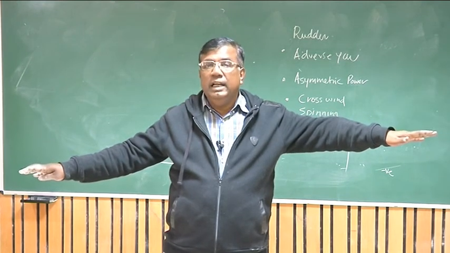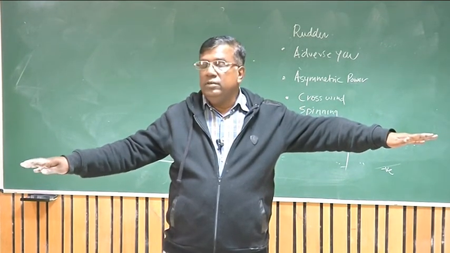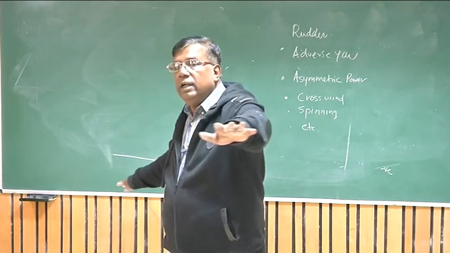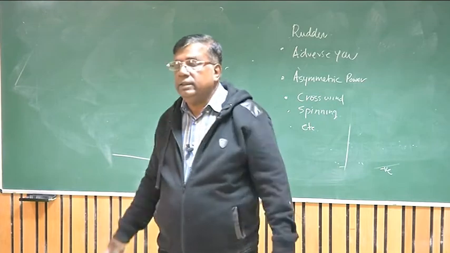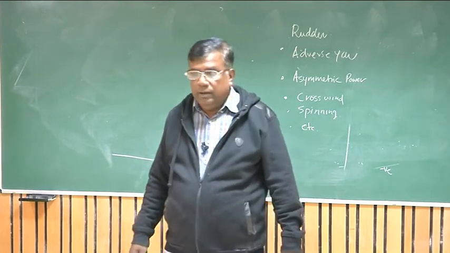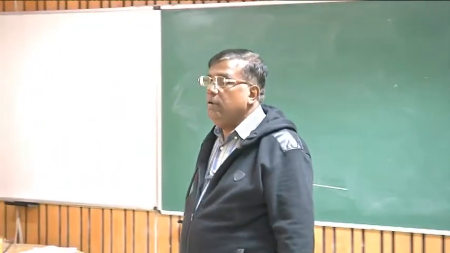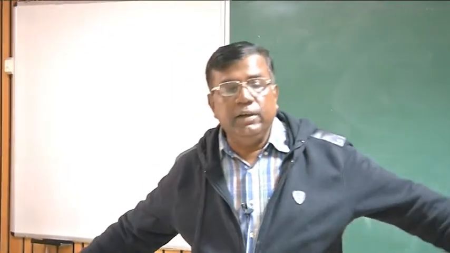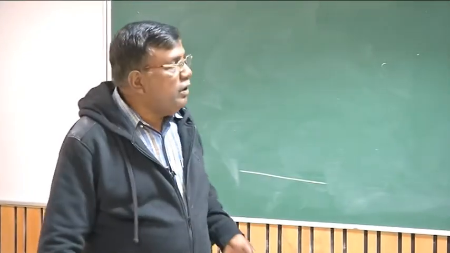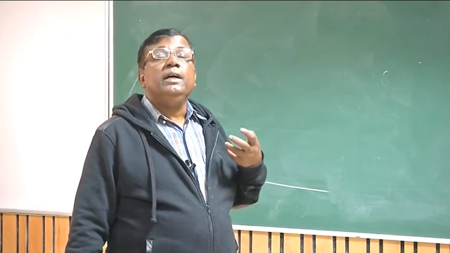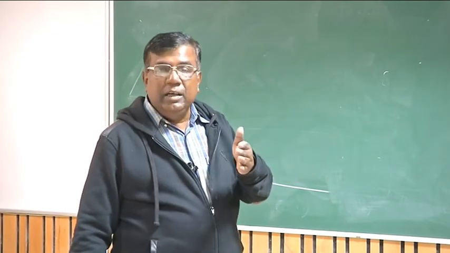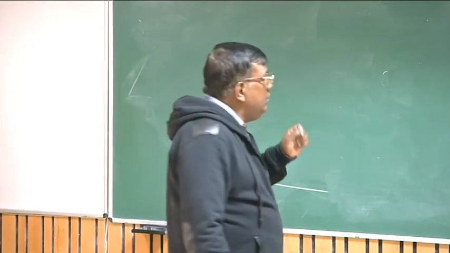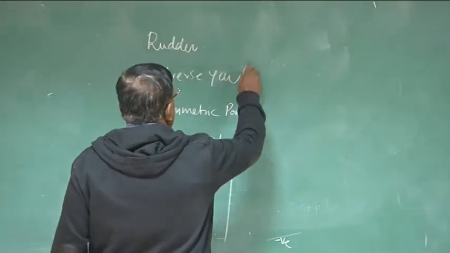Lift increase means induced drag will increase. As the induced drag increases here, it will try to turn like this. So if you want to go for a roll, it will automatically yaw like this. That is called adverse yaw, and we do not want that when we are going for banking. So this adverse yaw has to be controlled, neutralized, by using appropriate rudder deflection, because the rudder can give yawing moment in either direction, depending upon where you have deflected it. So this is one of the primary purposes of the rudder.